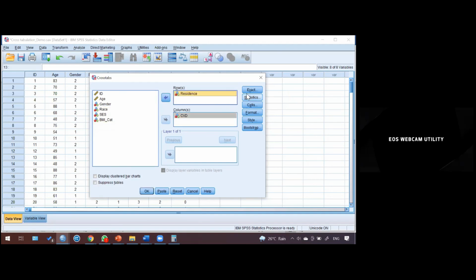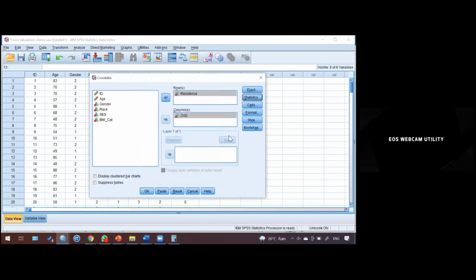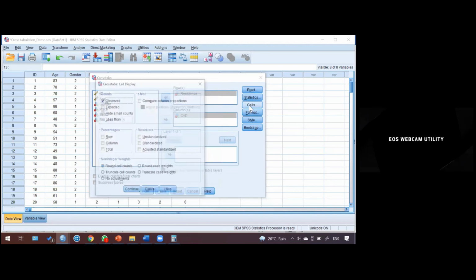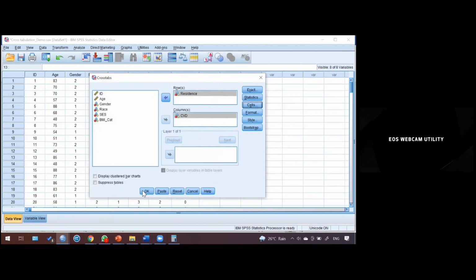Now there are two options I told you to focus on: statistics and cells. Go to statistics, click on chi-square. No need to click anything else, like phi and Cramer's V, because you are not measuring association. Continue, go to cells, observed, and you only want the row-wise percentage. So just click this and then press OK.